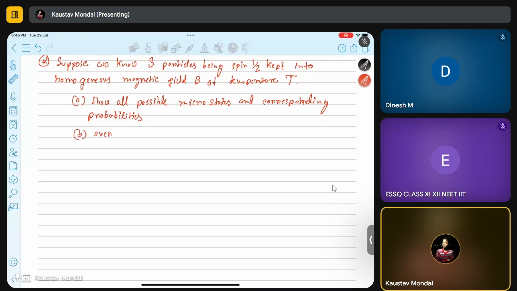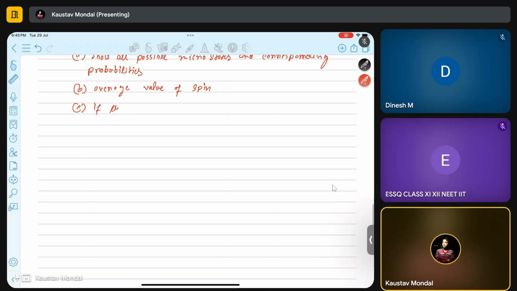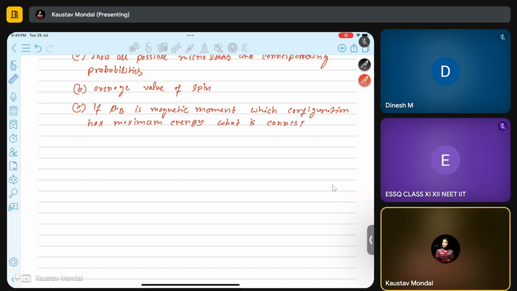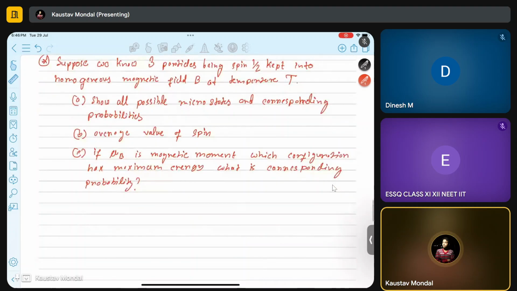B, the average value of spin. C, if mu B is the magnetic moment, which can be figured as the maximum energy, what is the corresponding probability?